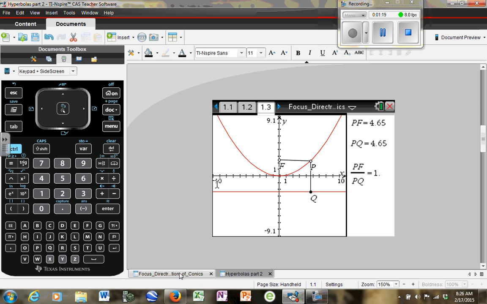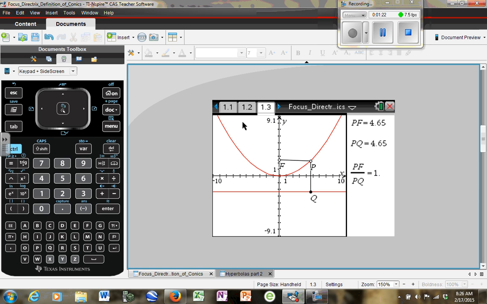eccentricity first. In these that I've shown you before, eccentricity is this ratio over here. We'll define it in a different way, but I want you to notice that for a parabola, the eccentricity is always 1. No matter where I drag this point around, the ratio of PF to PQ is always 1.